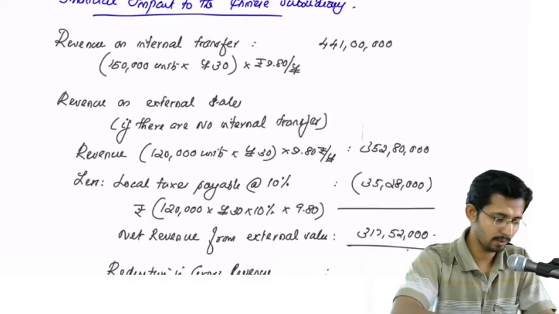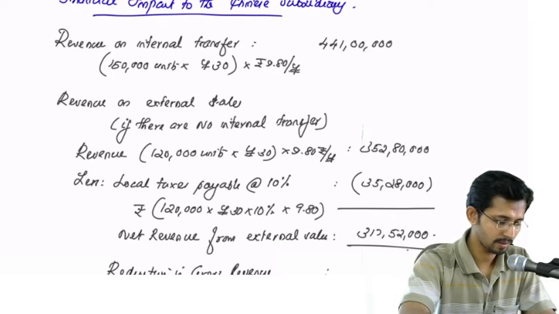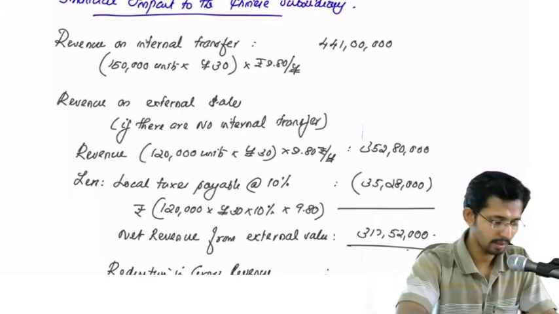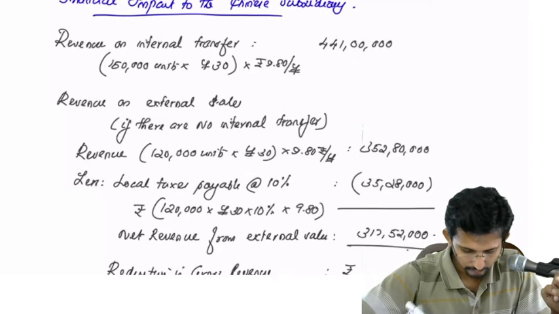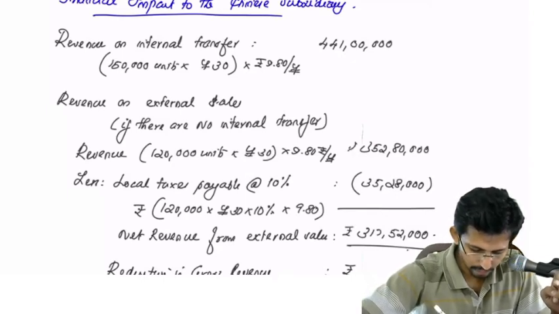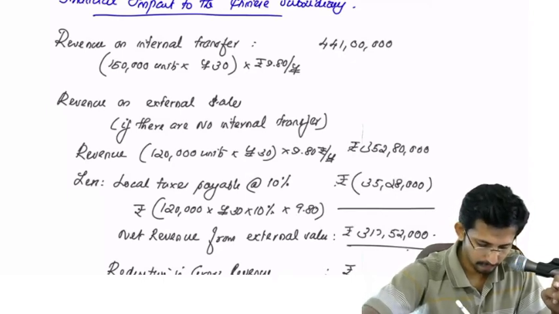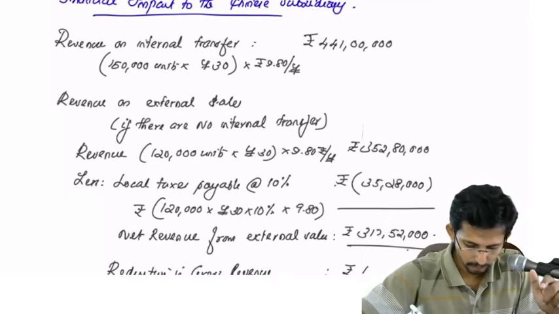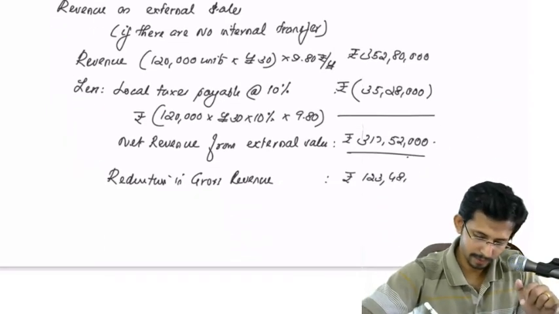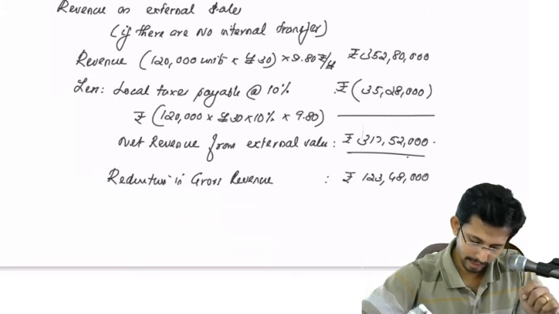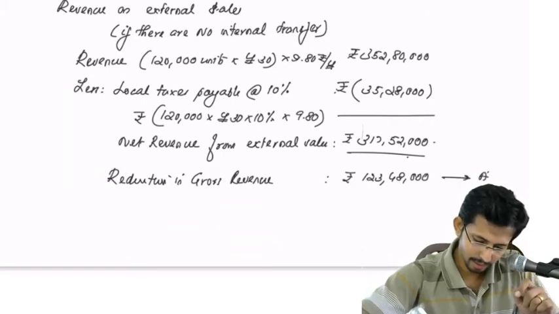Revenue will be 4,41,00,000 minus 317,52,000, everything in rupees, that will be 123,48,000. Okay, so this is the reduction in gross revenue.